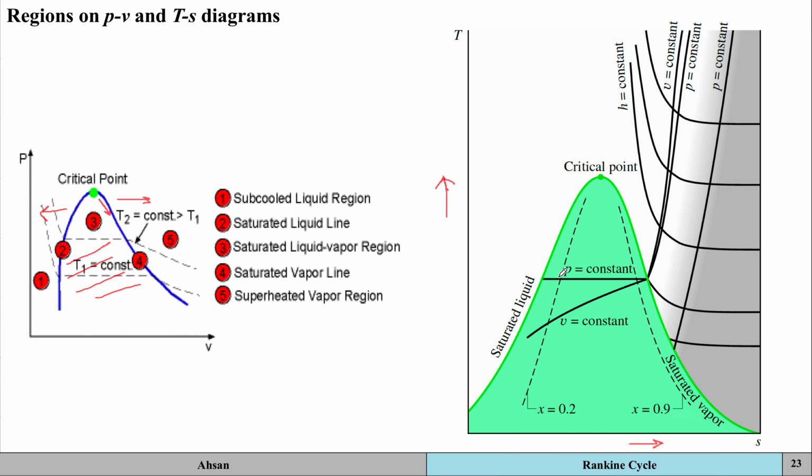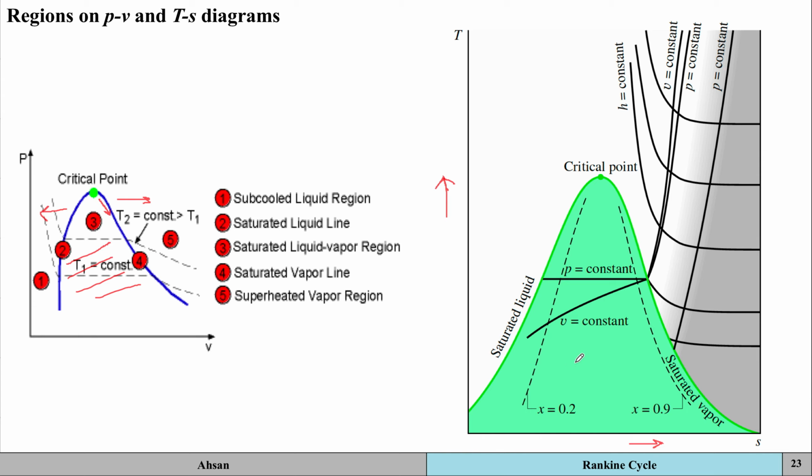You've got the constant pressure lines, and you've got the constant specific volume lines as well. The constant specific volume lines have a steeper slope as compared to the constant pressure lines. Then you've got the constant quality lines that are shown within the two-phase liquid vapor region.